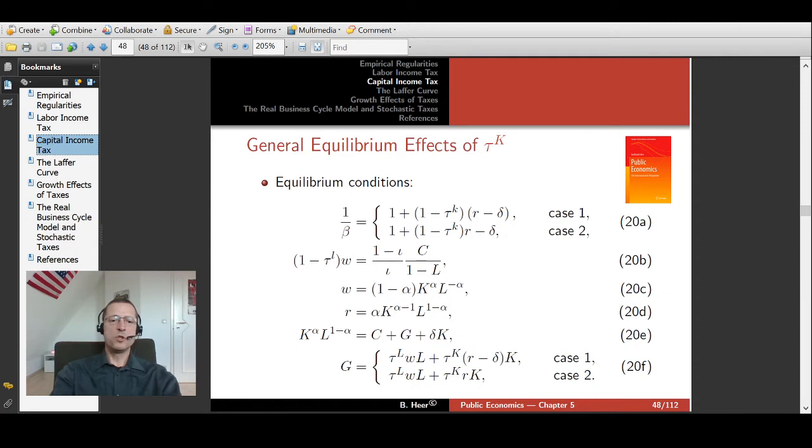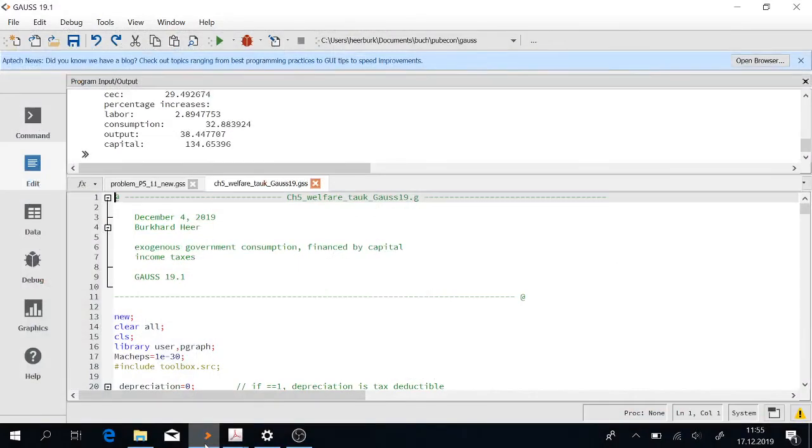Now let me show you the model which we use to compute this equilibrium, this steady state. Therefore, I would like you to open your Gauss program and load chapter 5 well4tau_k.g into your editor. There are two versions of this program on my homepage.